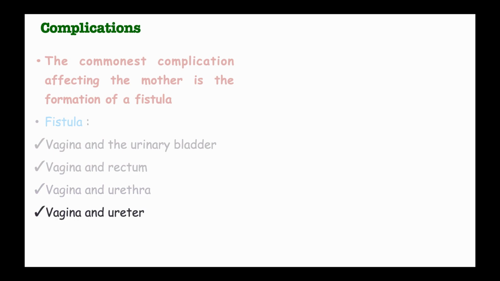Now, as a result of this fistula, urine or feces get into the vagina and exit in an uncontrolled way. A woman with a fistula can leak urine or feces whilst walking or even doing her daily activities, and these may even stain her clothes and create bad smell.